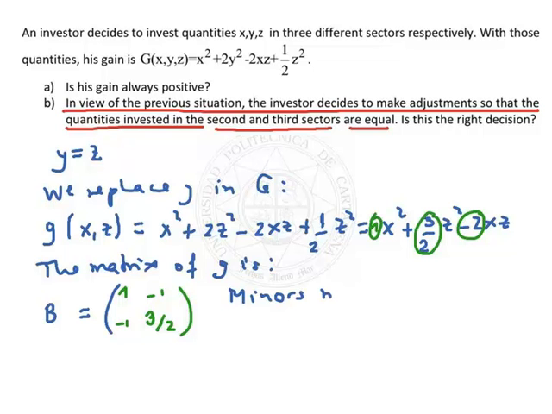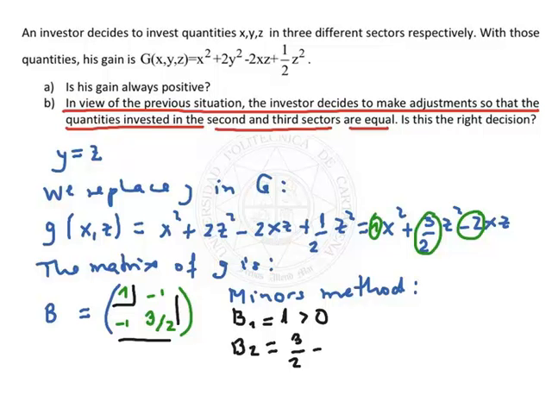Now by doing the same as before and using the minors method, we get that the first minor is 1, which is larger than 0. And by doing the determinant of the second minor, which is b2, we have that 5 over 2 minus 1 is 3 over 2, which is greater than 0. What we can see is there was an error in the calculation, so what in the video is 3 over 2 is actually 5 over 2.